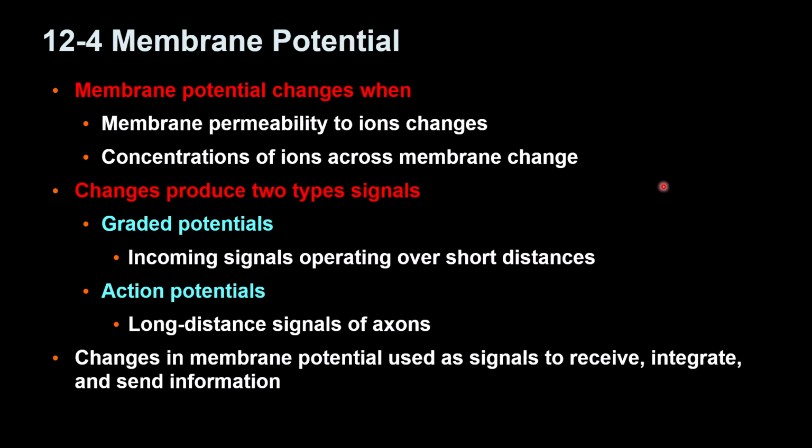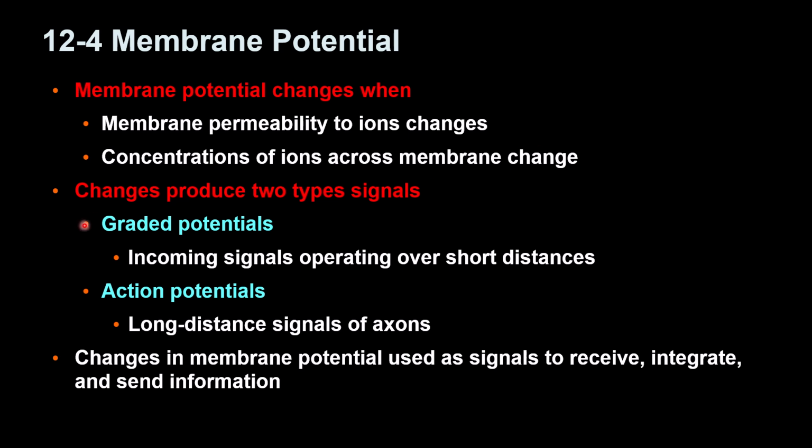As I said before, the membrane potential changes when the permeability of the plasma membrane to ions changes, and that will allow the ions to move across the membrane. Once the ions move across the membrane, the concentration of the ion inside and outside of the cell will also change. For that, you can get two types of signals.